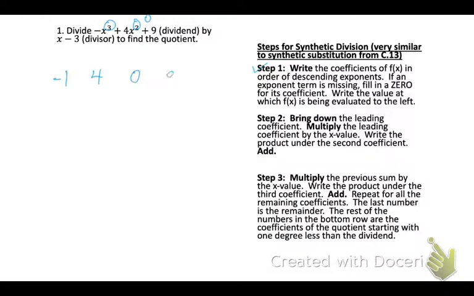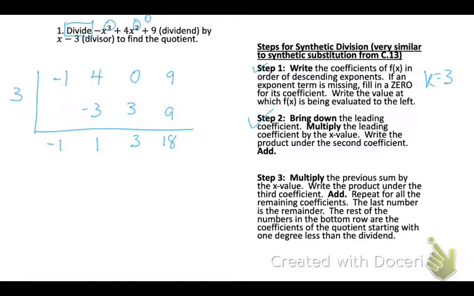So we have negative 1, 4, and then the 0 placeholder for our x term, 9. And notice we're dividing by x minus 3, so the number that goes out to the side, the k value, is actually 3. Then we use that process that we've learned where we bring down our first number, multiply diagonally, and then add vertically.